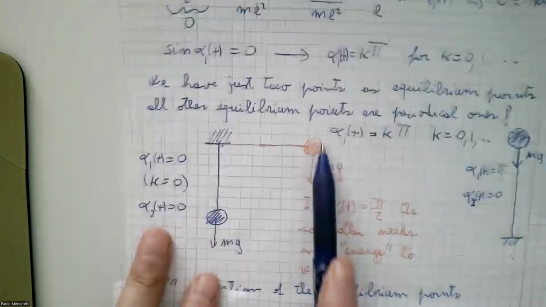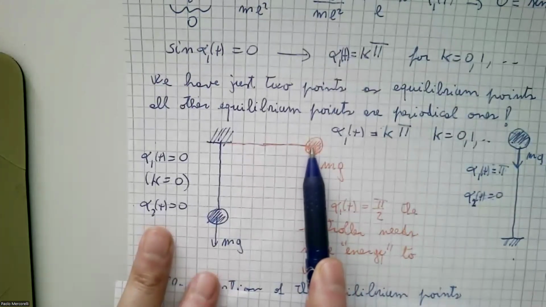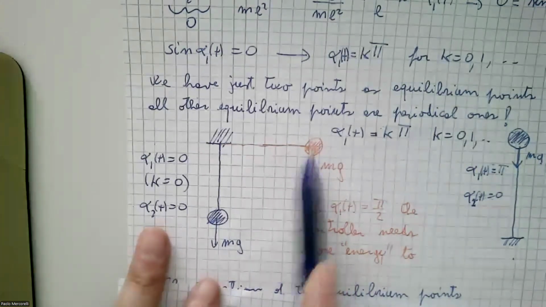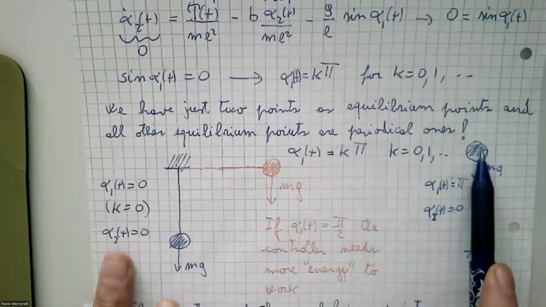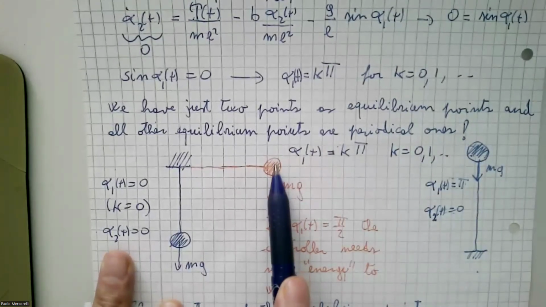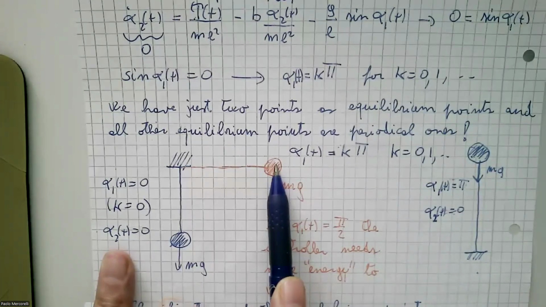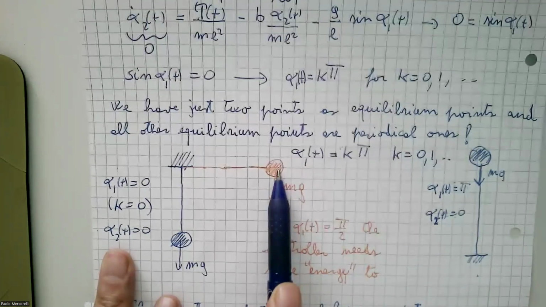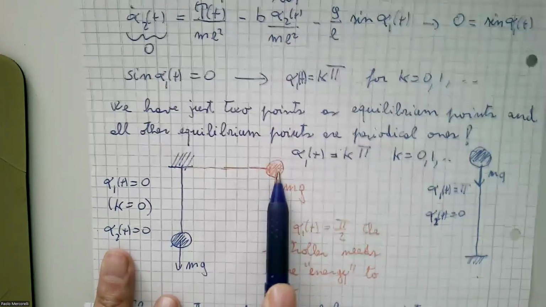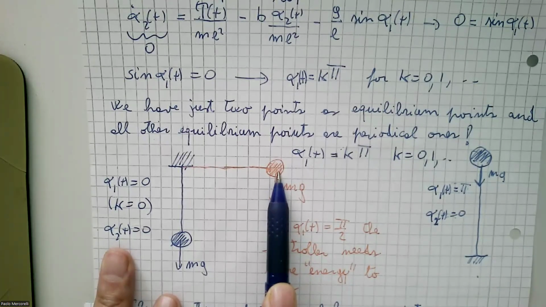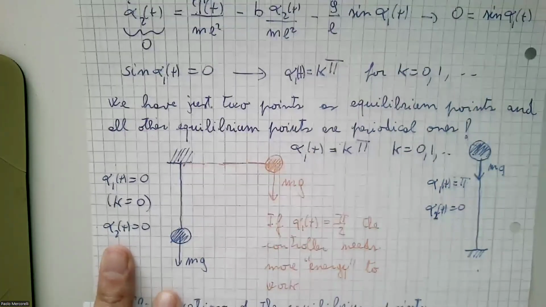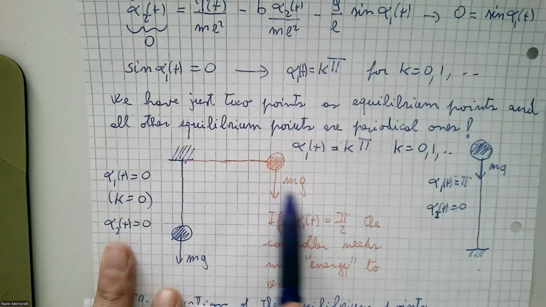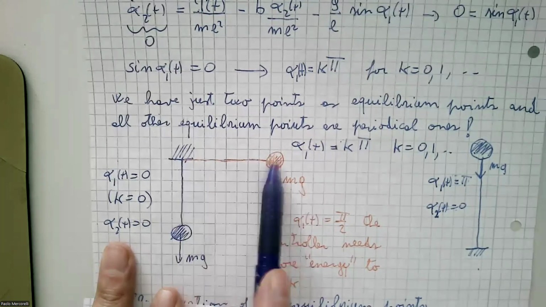It's more difficult to control this one because here we have to work against the strongest moment of the torque, or natural torque, because it's mg multiply L.